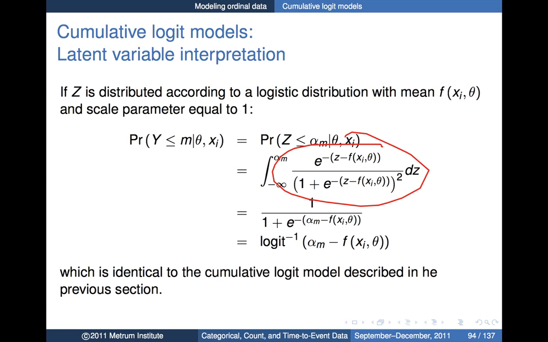And of course, the other cases I mentioned, associated with using a probit link function, can be interpreted as a latent variable approach where the distribution is normal, and similarly the complementary log-log is associated, what do they call that, the extreme value distribution.